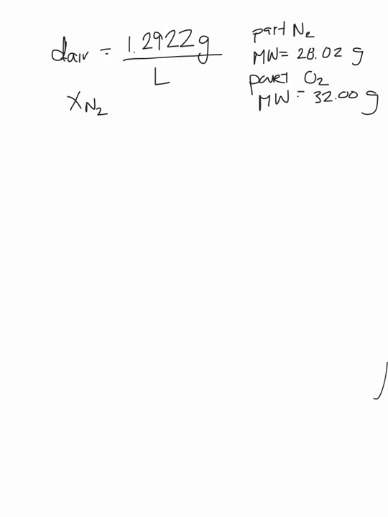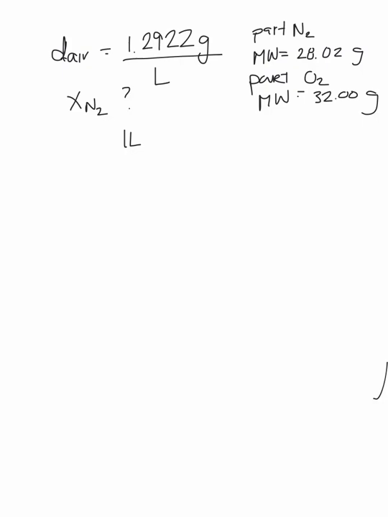Now, in this problem, we aren't given a value for the volume of air. However, to ease the calculations, we can assume a volume of 1 liter to make our lives easier mathematically. So let's start by solving for the total number of moles, which in this case would be the average moles of air, moles of N2 and O2 in the air, so that average will be reflective of the mole ratio.